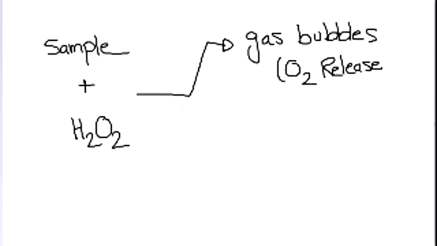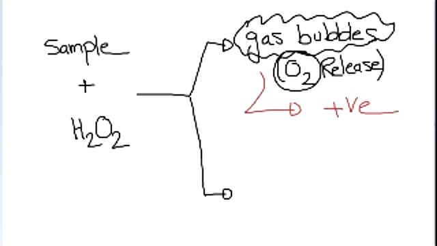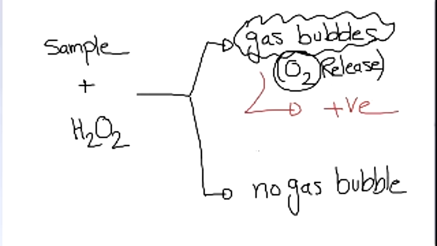So the bacteria produced catalase, which converted the H2O2 into H2O and oxygen. The oxygen was released as the gas bubbles that you see. So the bacteria is called catalase positive. If no gas bubbles are produced, the bacteria will be catalase negative.